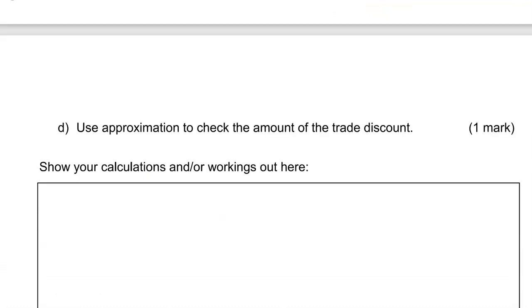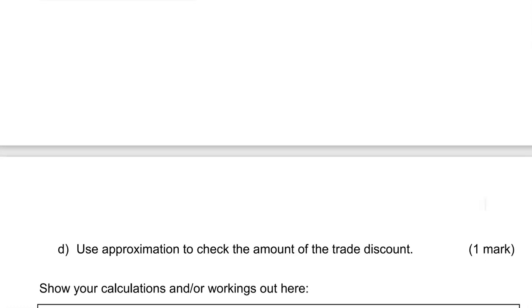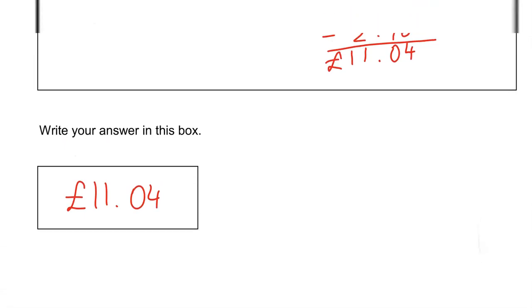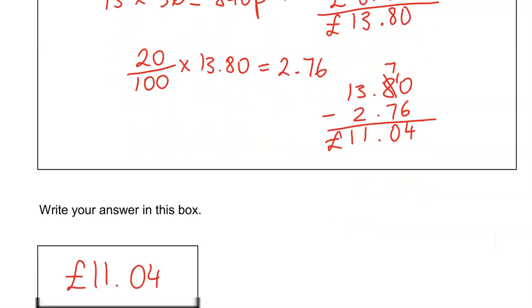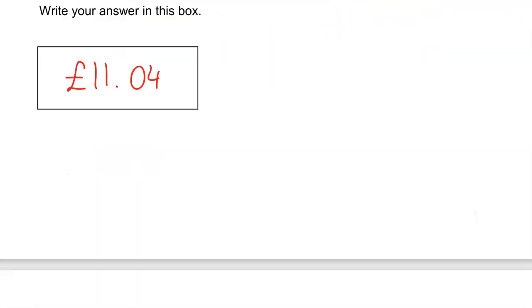Use approximation to check the amount of the trade discount. Show your calculations and the workings out here. So £13.80 was the full price before the discount. So we can round that to £14.